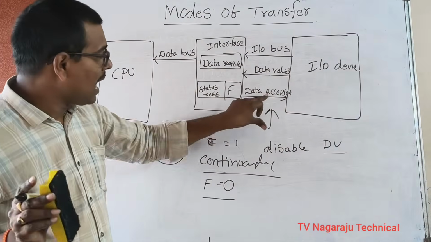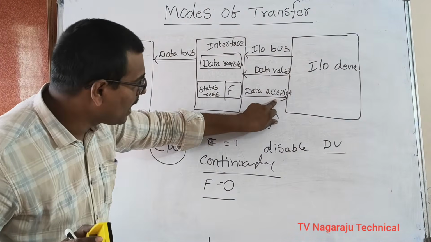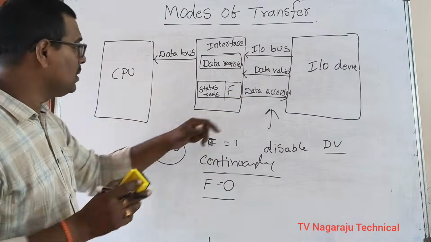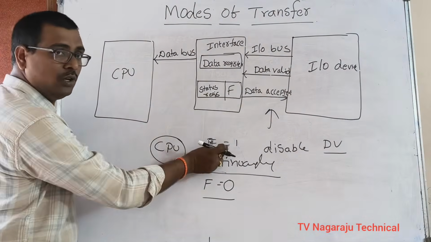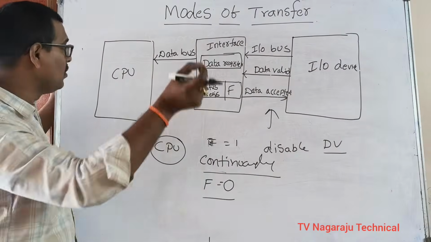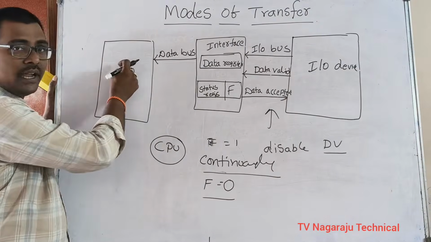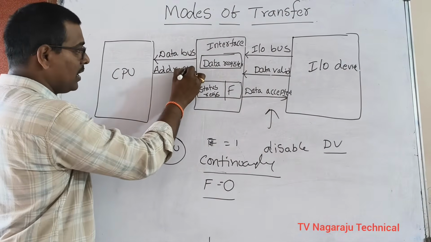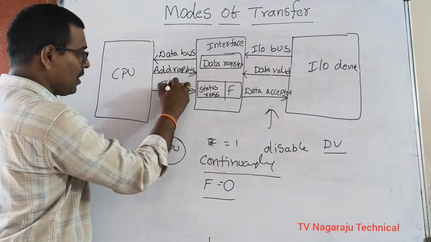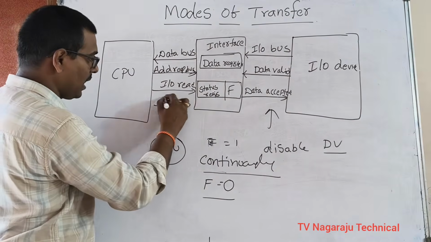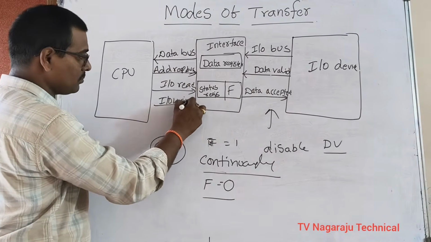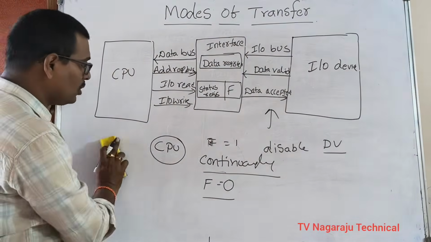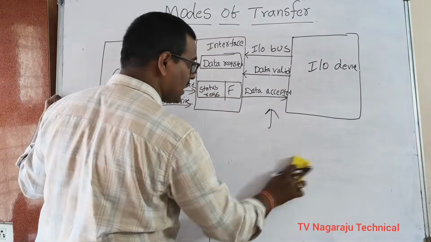Got the point? Until the data accepted line is disabled, it is not allowed to send. When is it disabled? Whenever the flag is equal to 0. We already know the bus contains the address bus, I/O read operation and I/O write operation. This is how the data is transferred and how the CPU is involved in this transfer.